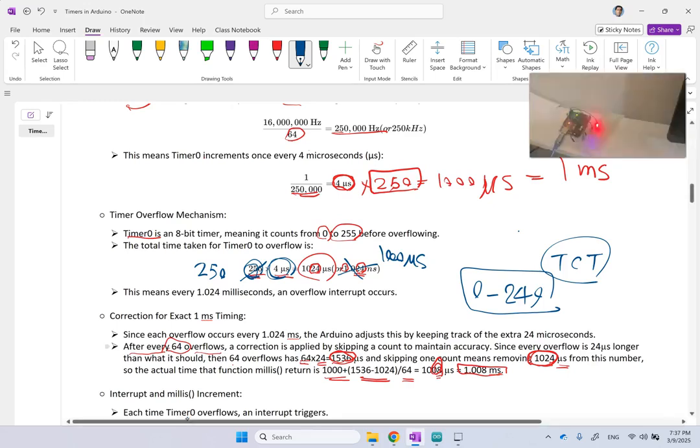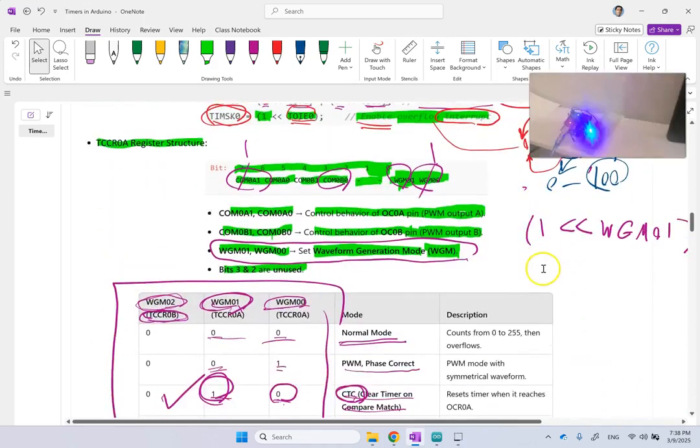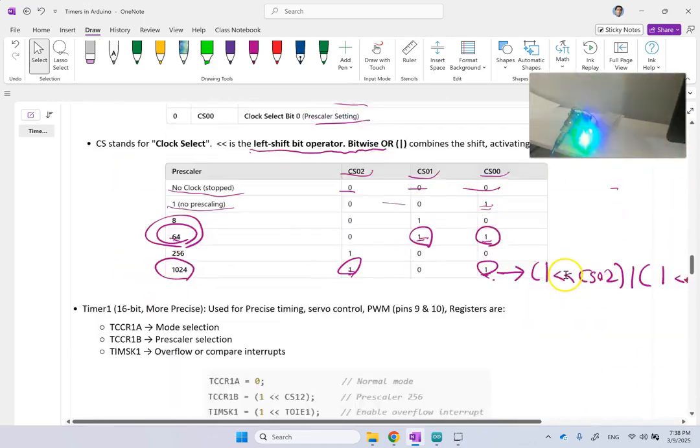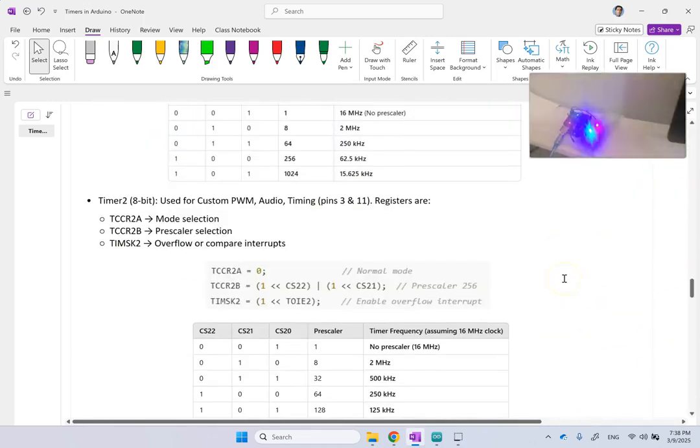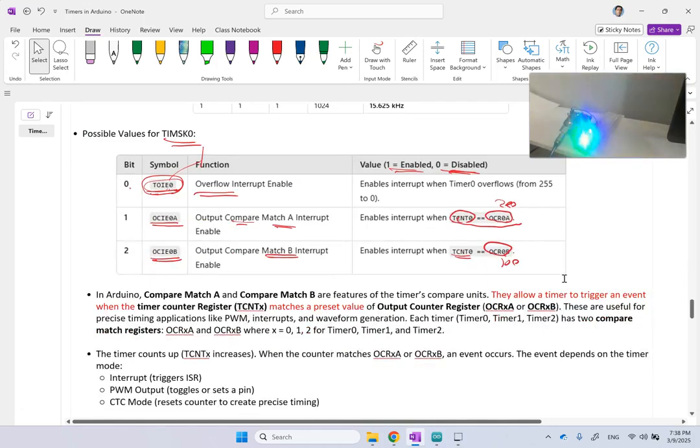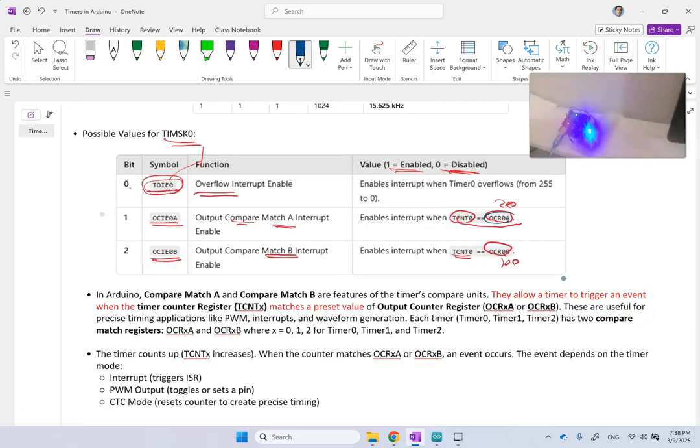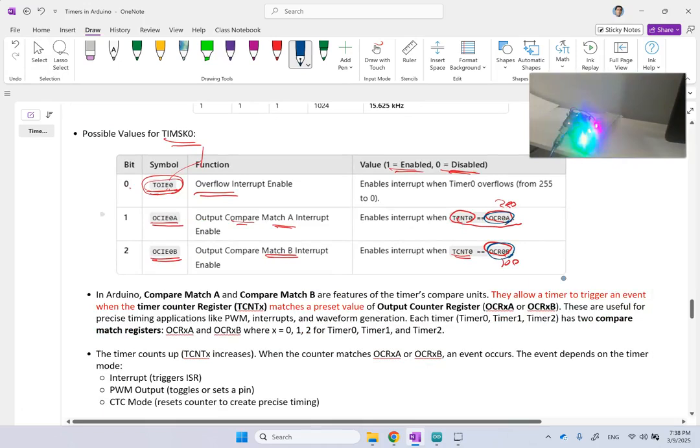If you want, you can just use timer 0 with prescaler 64 and do a compare mode. And when you reach 249, go ahead and activate the interrupt to give you a time, and that time is exactly 1,000 microseconds or 1 millisecond. You can do that. So that is basically this number here, this OCR0A or 0B.